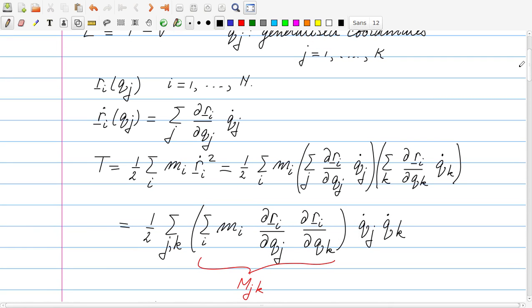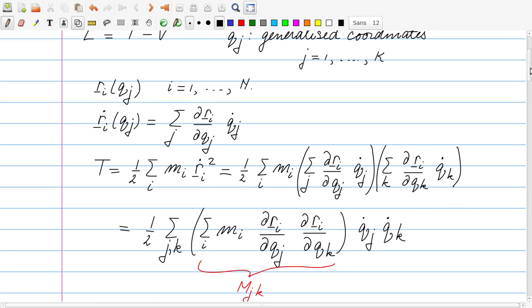So in this case I've put the sum over j and over k in front of the expression, and now in the parentheses there is the sum over i with an m_i, and then these two terms. And because I sum over i, this term no longer depends on i itself, it only depends on j and k, and I call it m_jk.